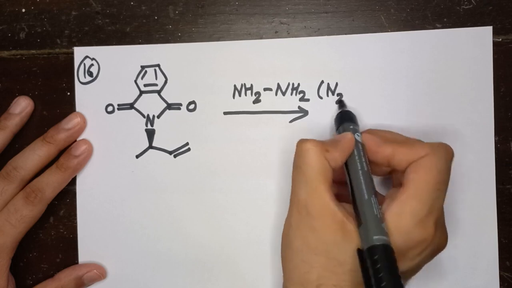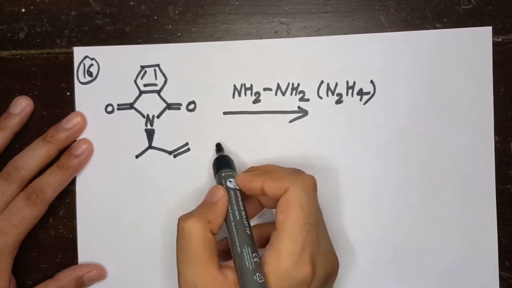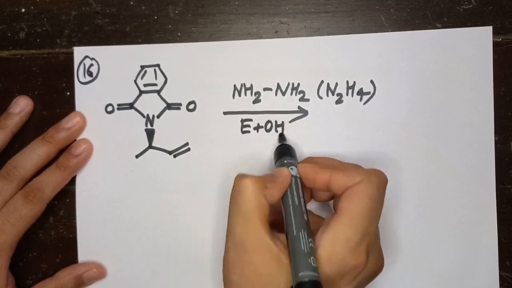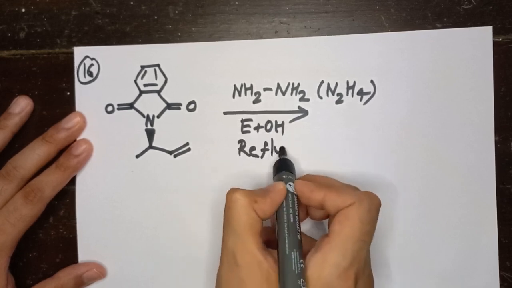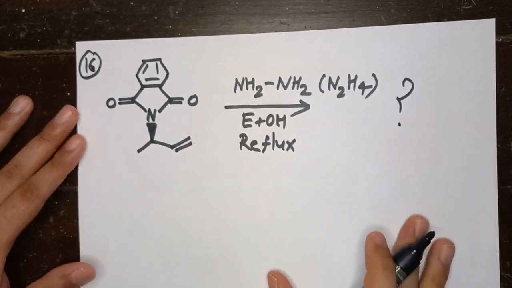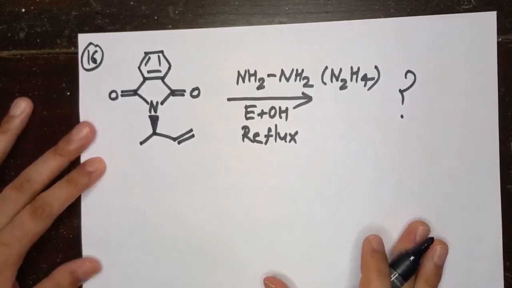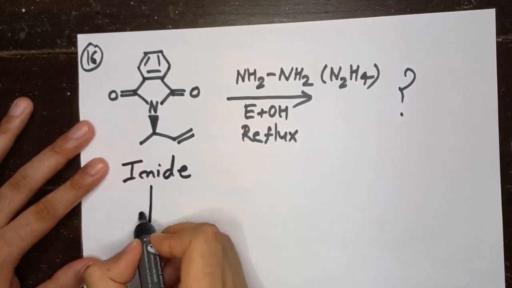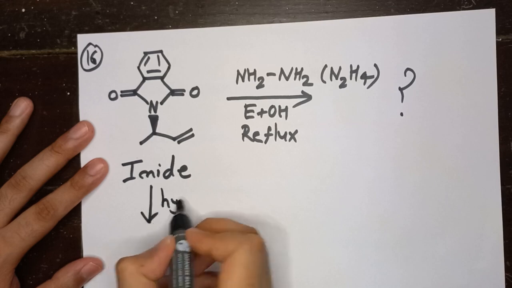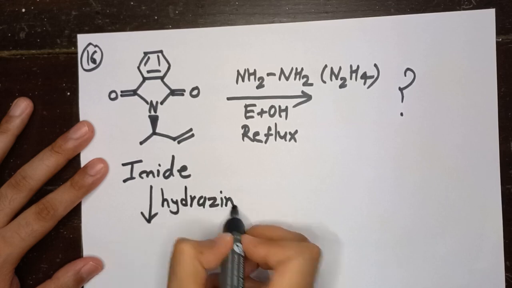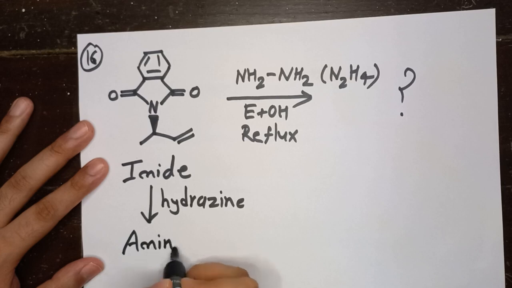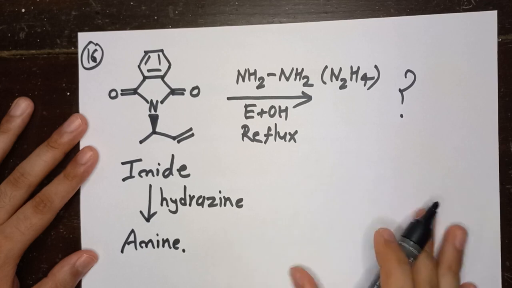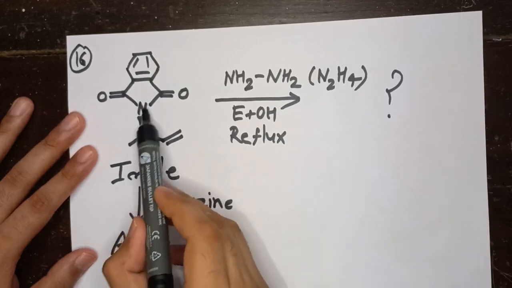This can also be written as N2H4. In presence of ethanol as a solvent, and we are refluxing this reaction. So what is the product? So you know that this is an imide protection, and imide can be deprotected using hydrazine to get back amine. So this particular example is of that type, where we are deprotecting this amine group.